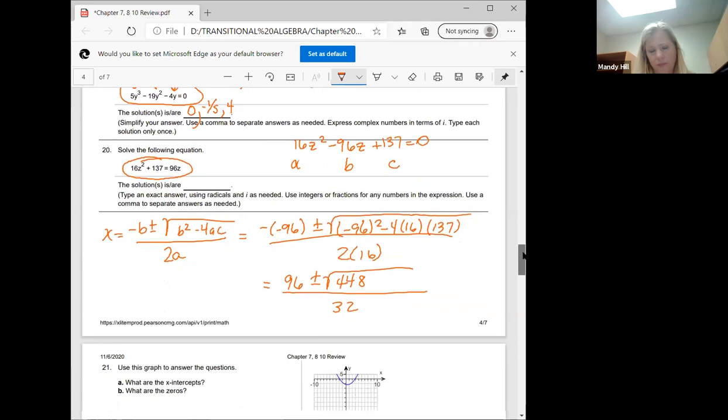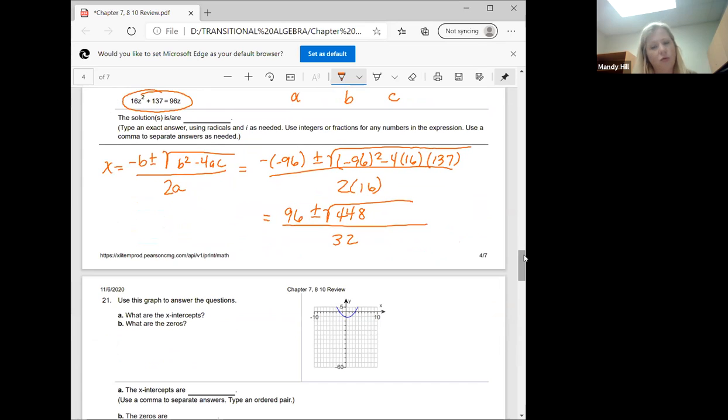Okay, now I can imagine that 448 has some things that we're going to be able to pull out of it. So if we look at 448, we know 2 will go into 448. And that will go, what, 224?